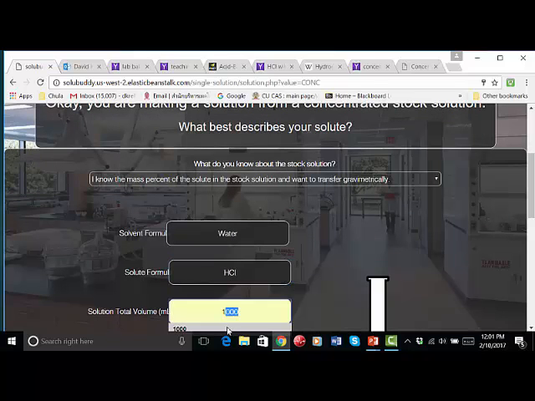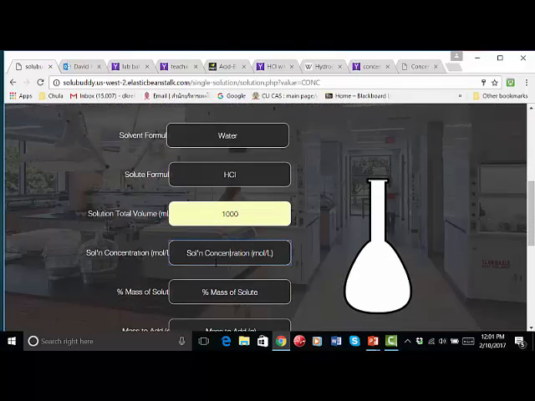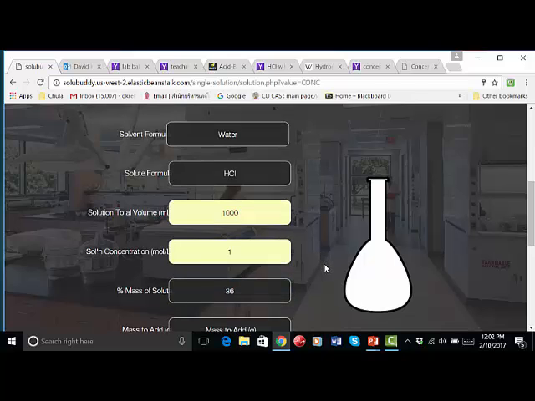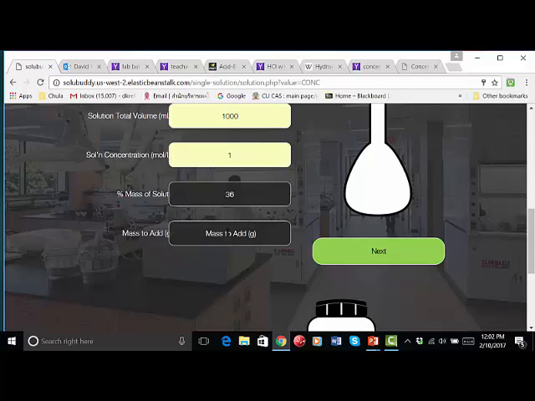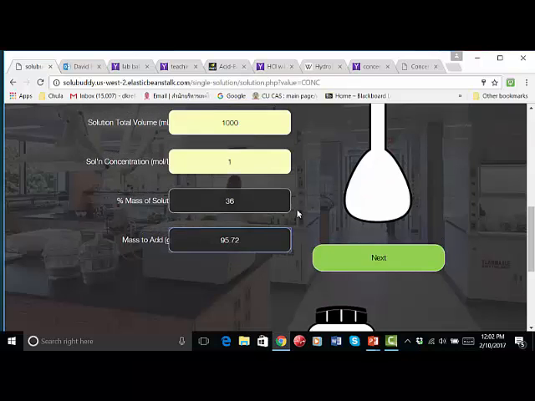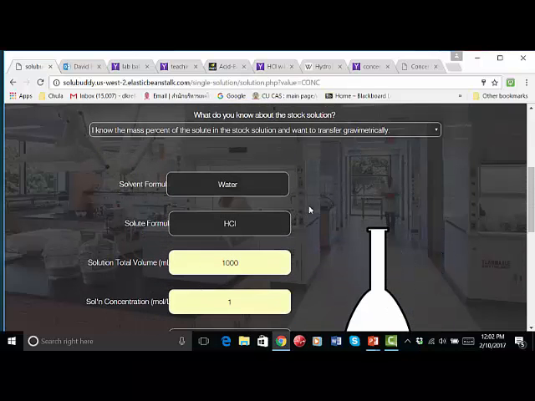Solution total volume, 1000. Okay, and it's going to be a 1 mole per liter solution. Percent mass of solute. Okay, that refers to the concentrated solution. Percent of mass to add. Okay, what did we calculate? 95.72.